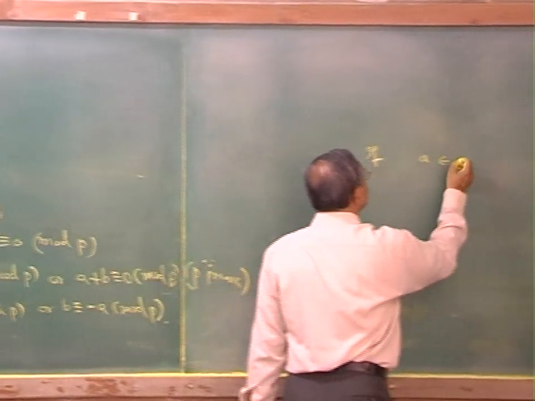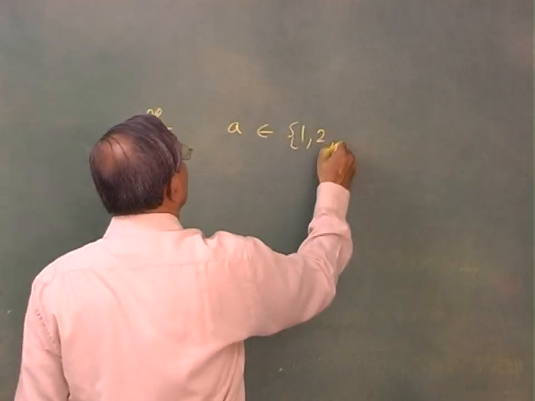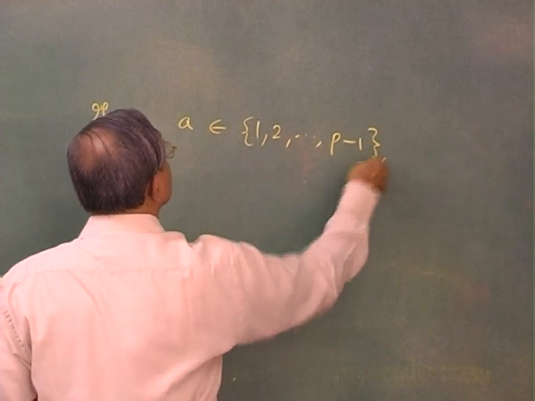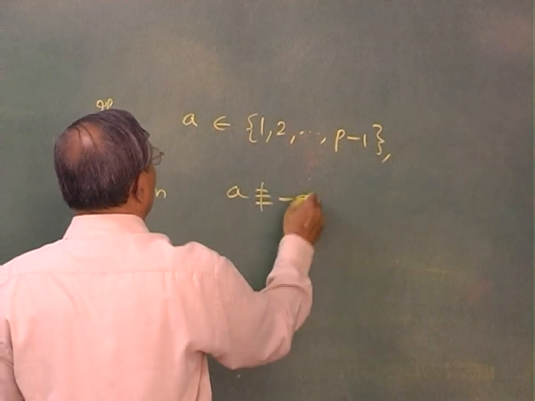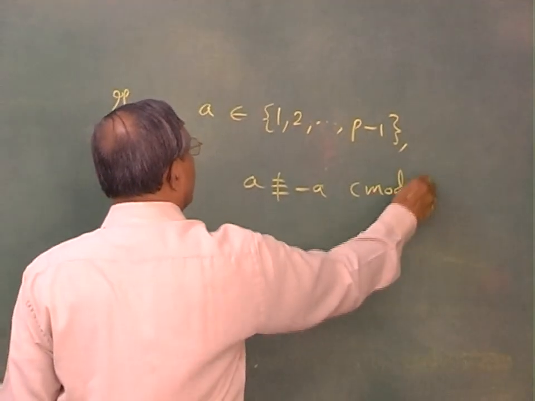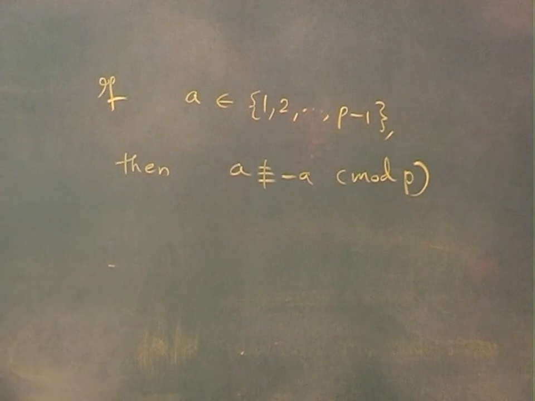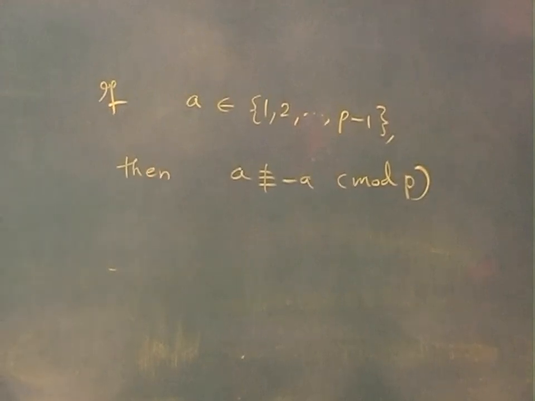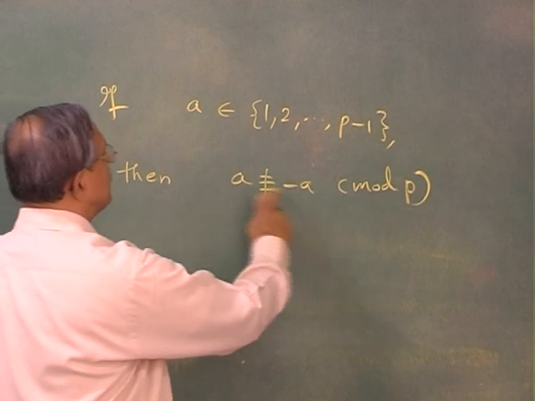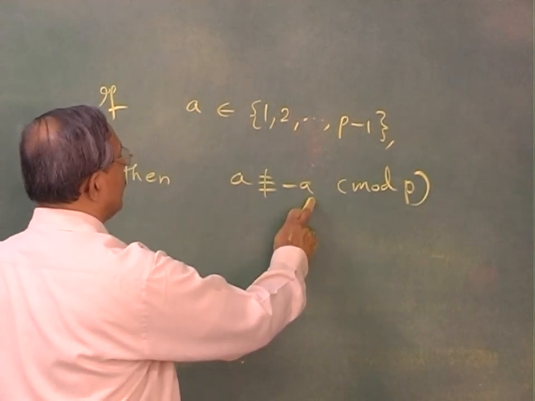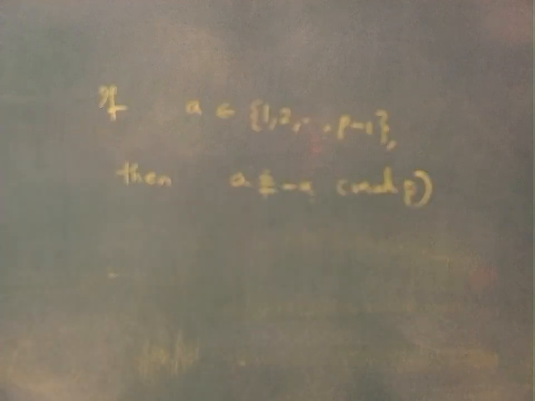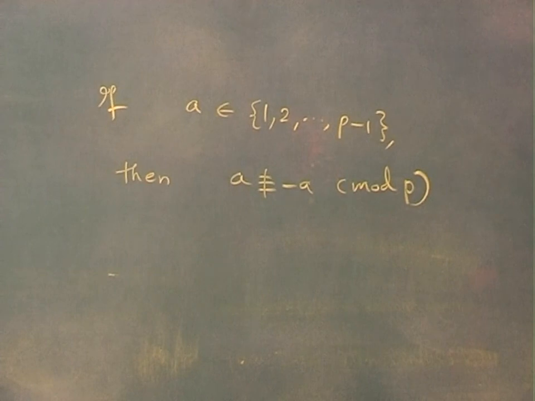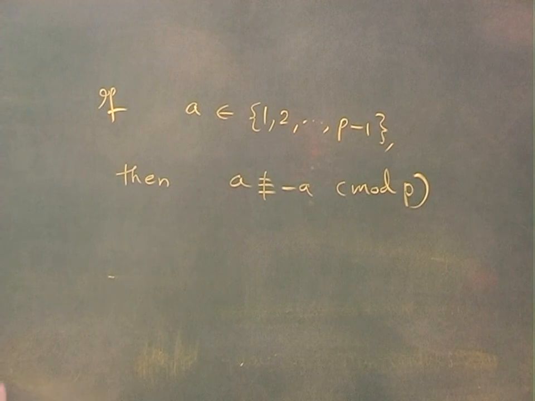If a belongs to the set 1 to p minus 1, then a is not congruent to minus a mod p. a and minus a are different. Because what happens if a is congruent to minus a? It would mean 2 times a is congruent to 0 mod p, that is, a congruent to 0 mod p. That is not possible because p is an odd prime and a is already in the set 1 to p minus 1.